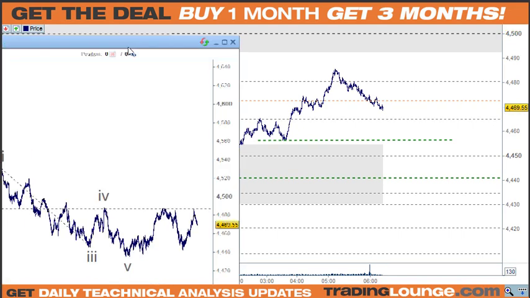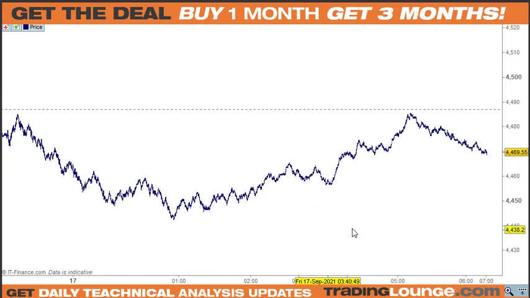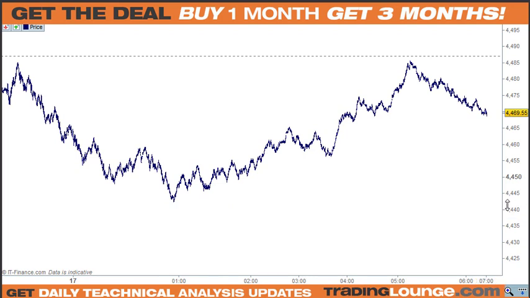Let's just go to the 10-tick chart, which I've got here. This is how I worked out my structure anyway.